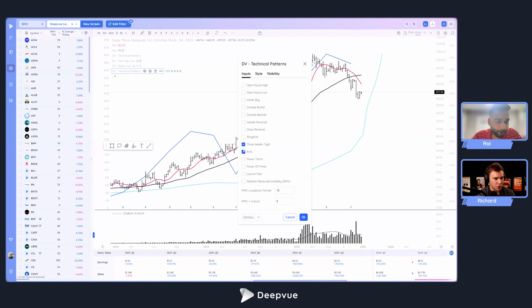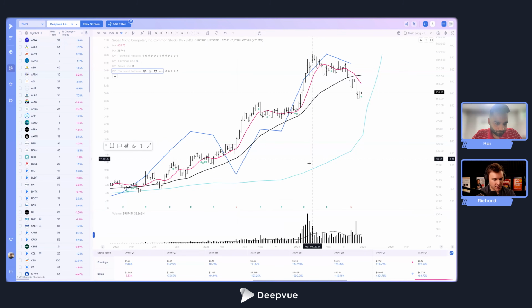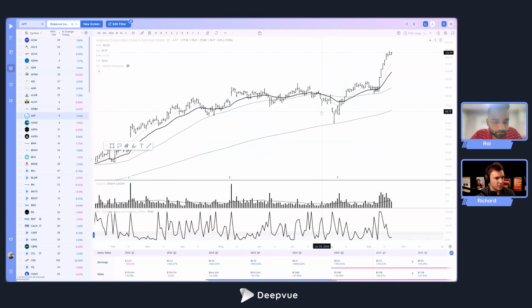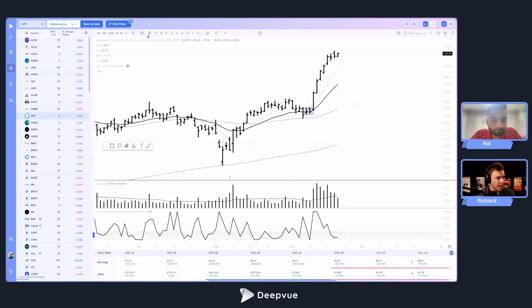Here you want to check the ones that you want. In addition to the RMV indicator, you can plot a dot when we have a tight area. So let's do 15 period look back, RMV less than 5, and let's go to app here on a daily chart. Oh, I switched to the other chart template, so I have to add that back.